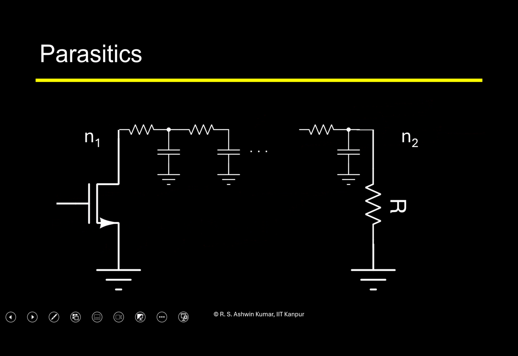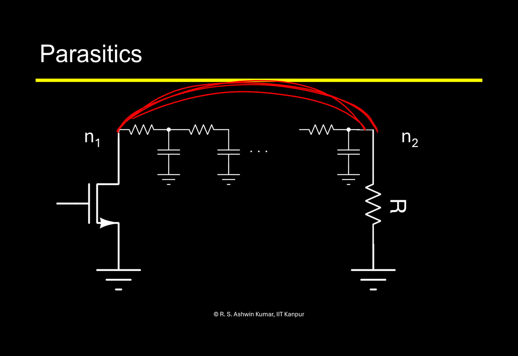And if you do this right, see earlier when I didn't have this distributed RC, I just had a connection like this short. How many nodes did I have in the circuit? If I directly just short it, how many nodes are there? 2 nodes. What are the nodes? I mean, I'm shorting N1 and N2.